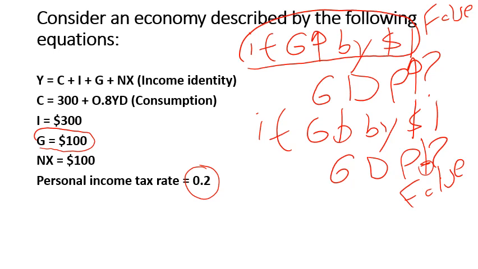Now, what happens to this $1, which is now in the hands of the contractors, the companies that built the hospital? Well, this $1 will obviously immediately increase GDP by $1. But the question is, what will happen to this $1? Well, this contractor will have to pay the workers.